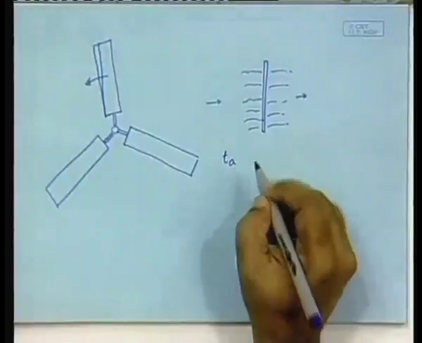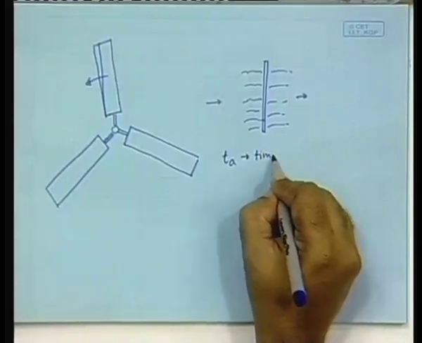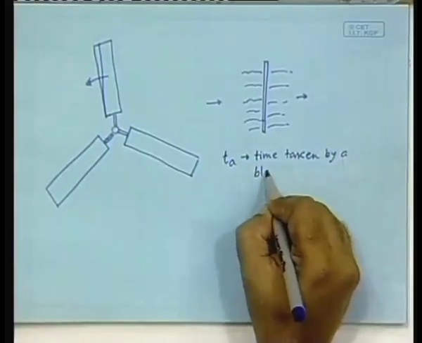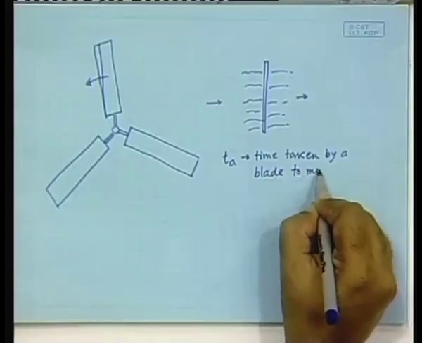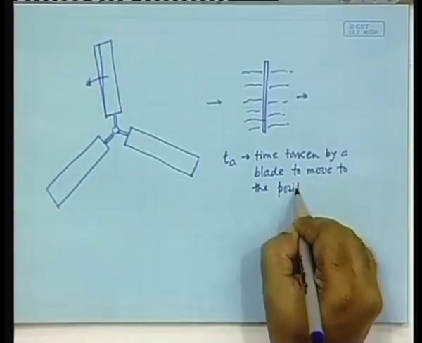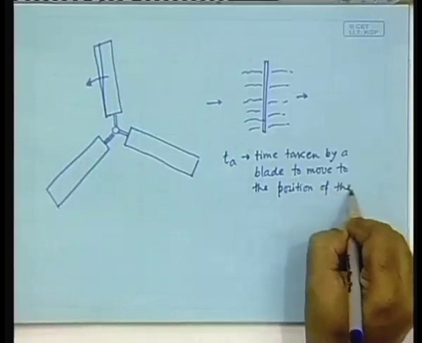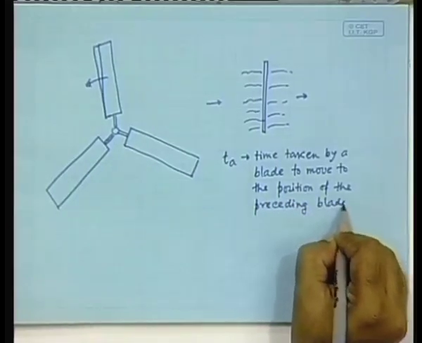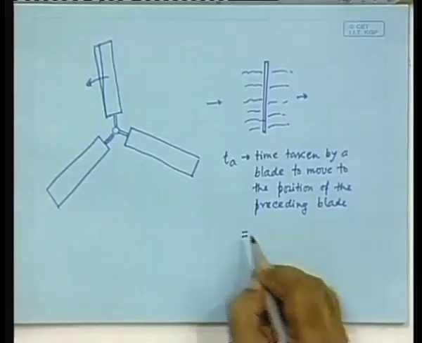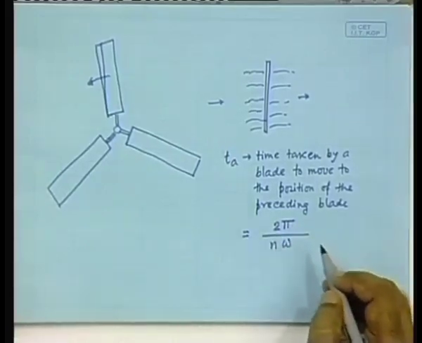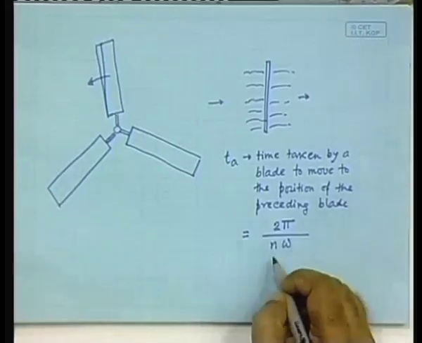So, suppose T A is the time taken by a blade to move to the position of the preceding blade, then this will be equal to 2 pi by n omega, right, where n is the number of blades.